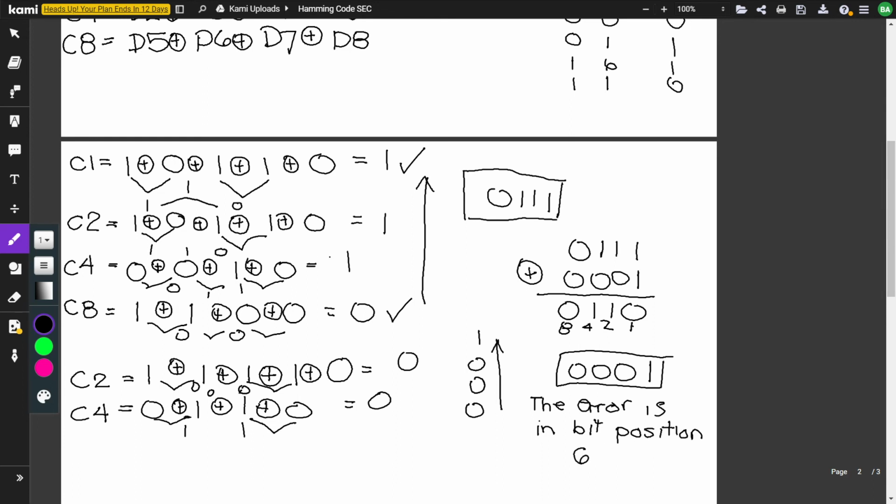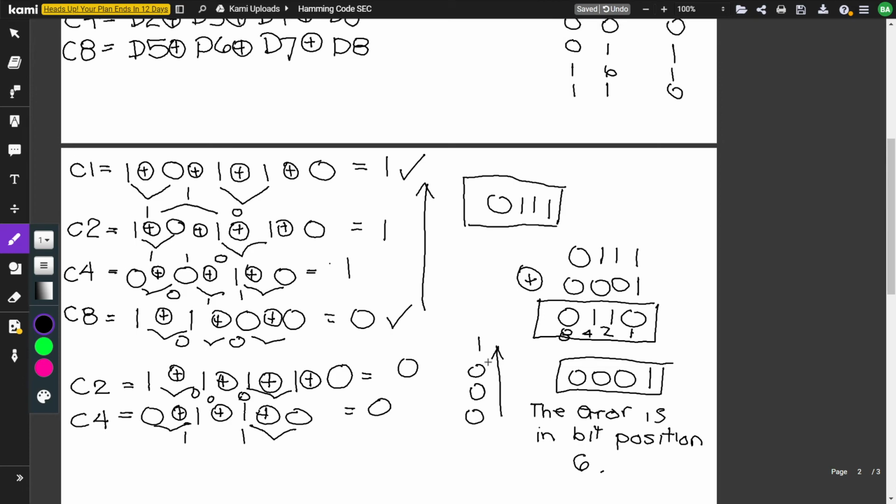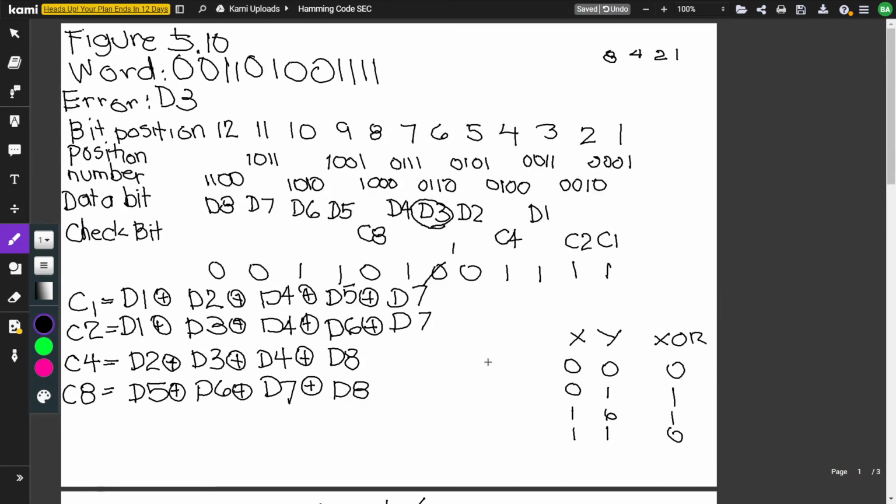So we have already proven that the error is in bit position 6 because the answer here is 0, 1, 1, 0.